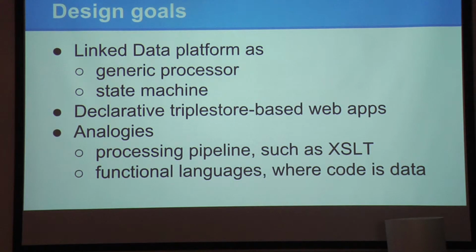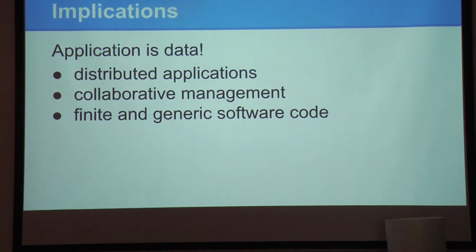So there are a few analogies with this. For example, XSLT works in a similar way, where you transform the XML document into something else. And functional languages are also a related thing, because their code is data itself. So what implications does it have when we can actually make the application to be data itself?